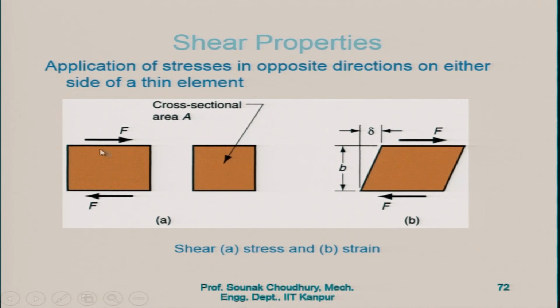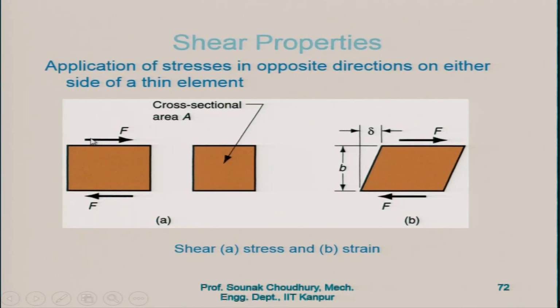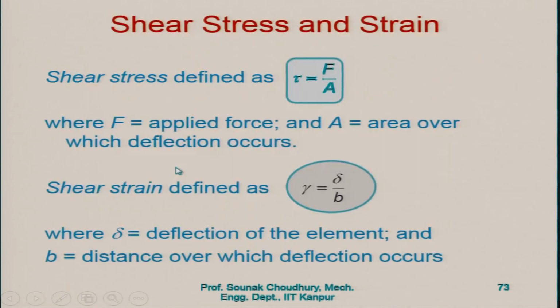Now, these are the shear properties, with the shear stress defined as F divided by A. F is the applied force, but earlier it was the normal force. Here we are having the shear force. Since these forces create the shear stress, they are called shear forces, and A is the area over which the deflection occurs.